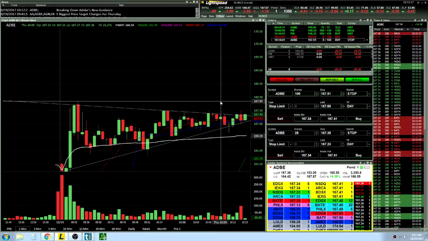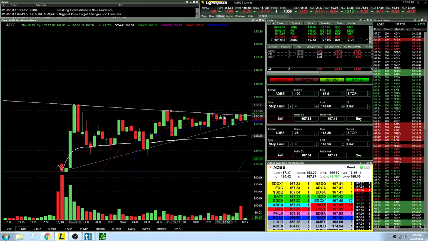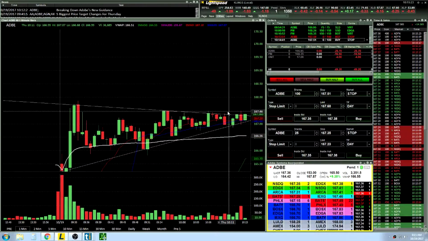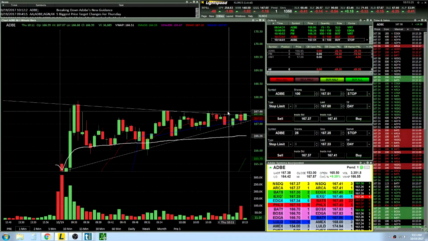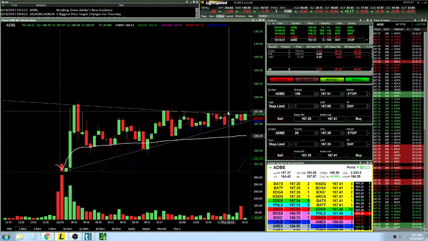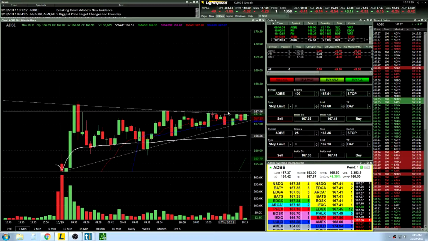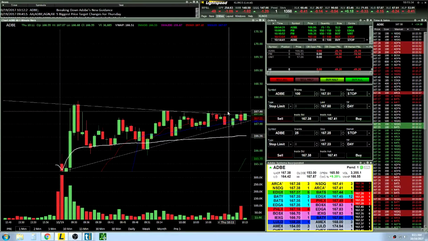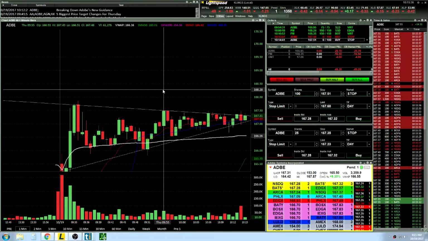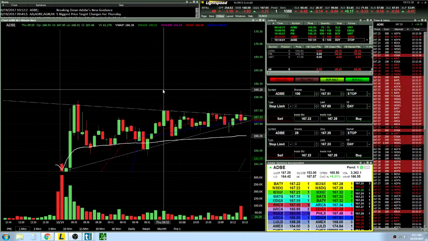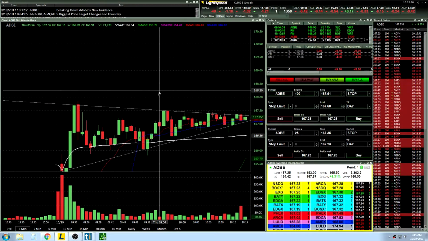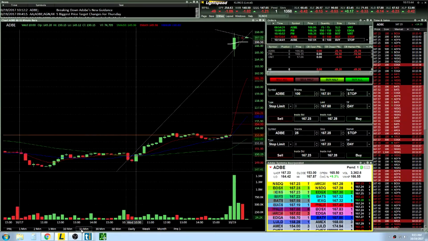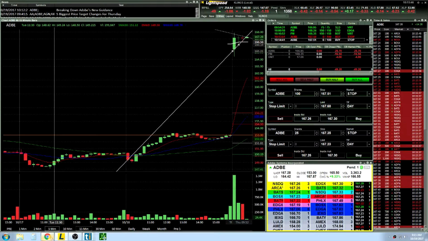So it's about a 1-to-1 trade. Crazy dojis up there.